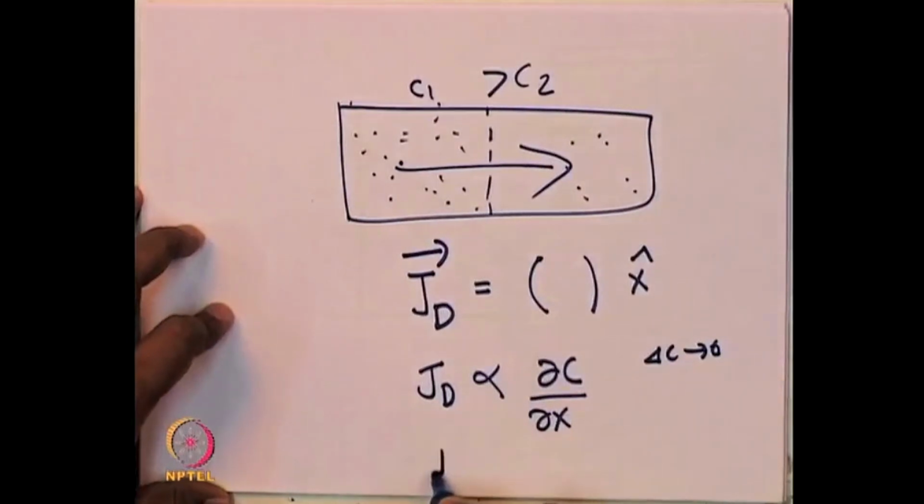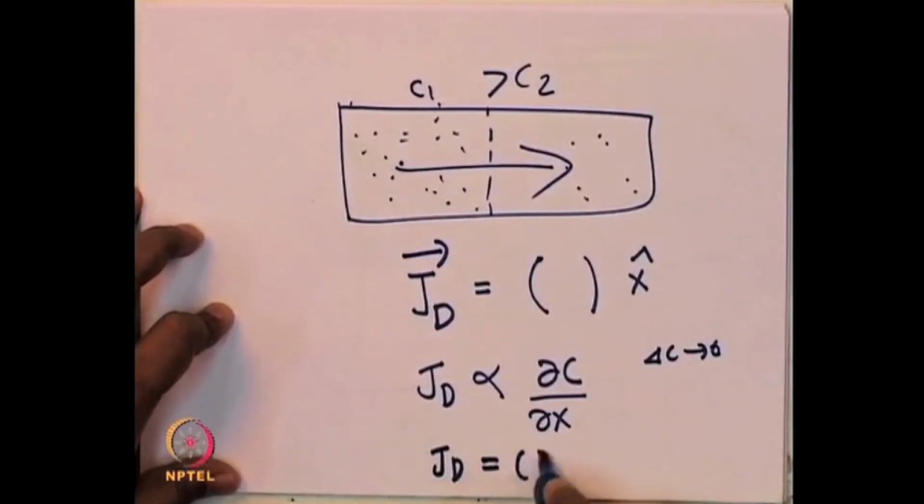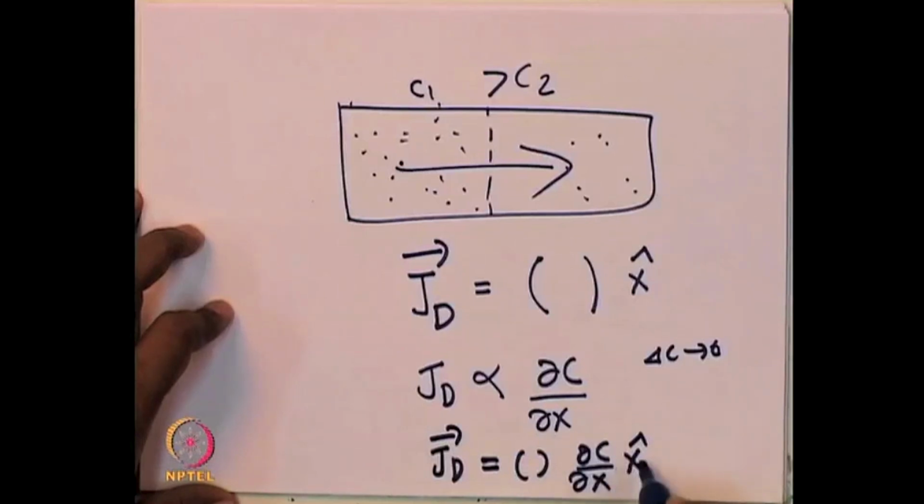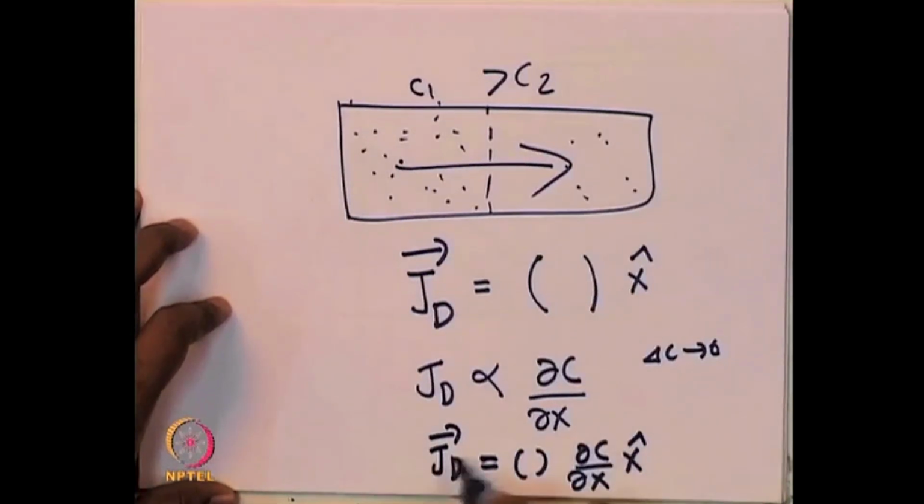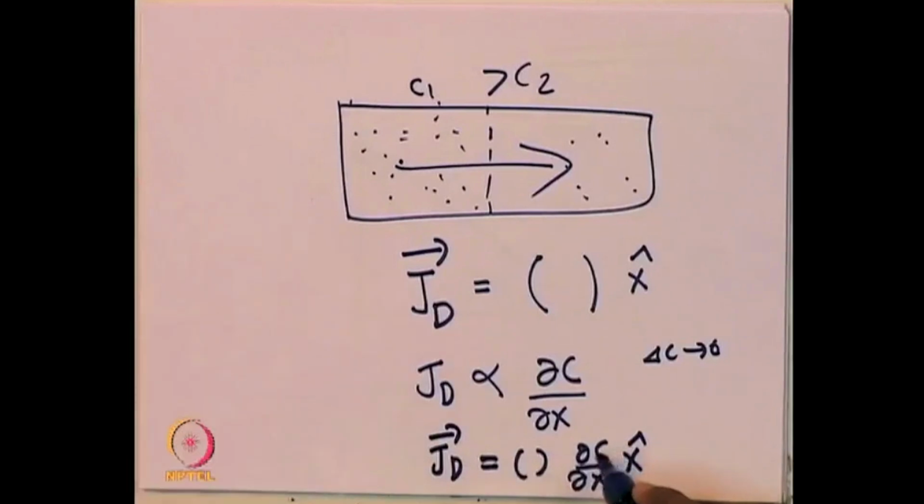So, if we say that Jd is some constant times del C by del x, and del C by del x is negative, what would this mean? This is some proportionality constant which we have defined. So, this would mean that this is a negative quantity.